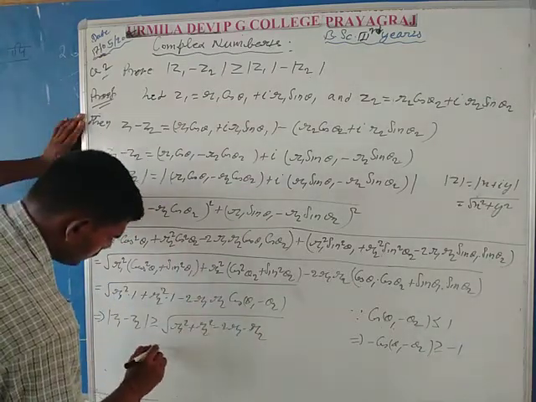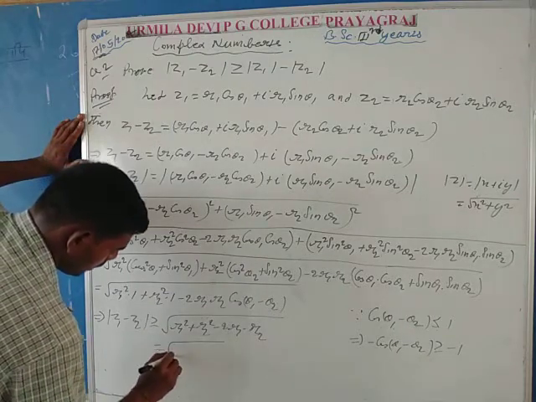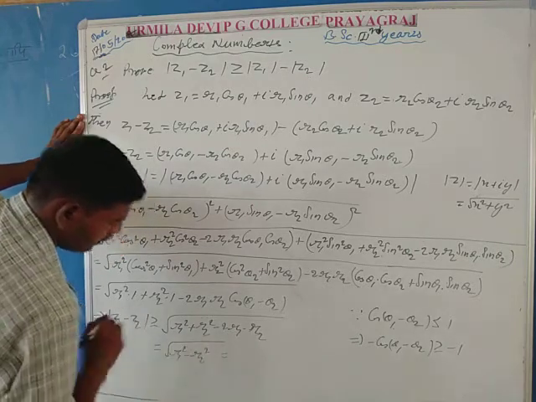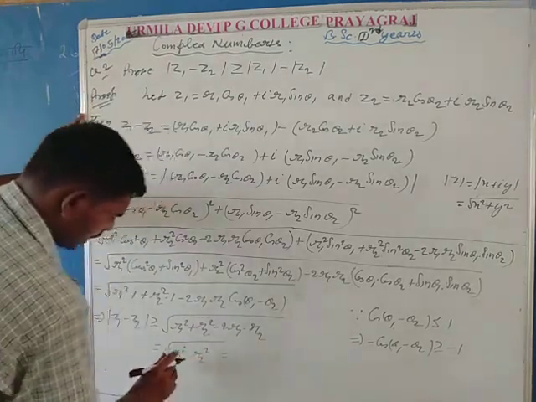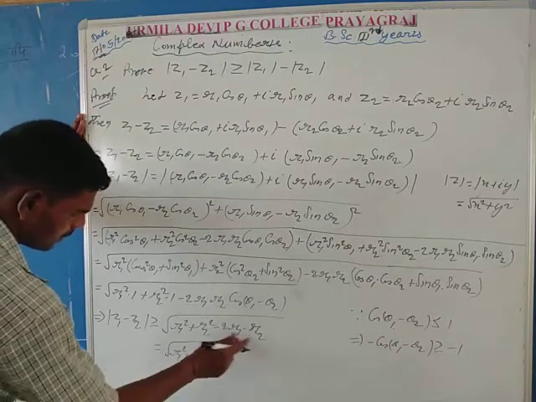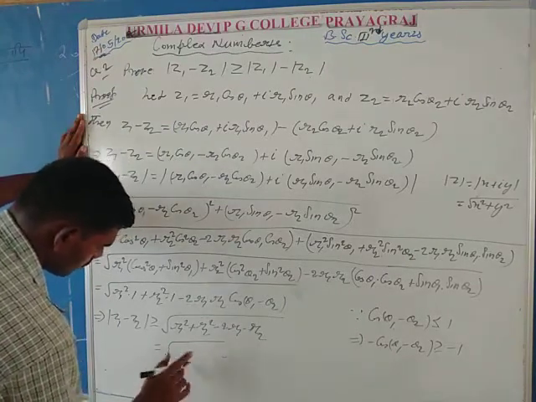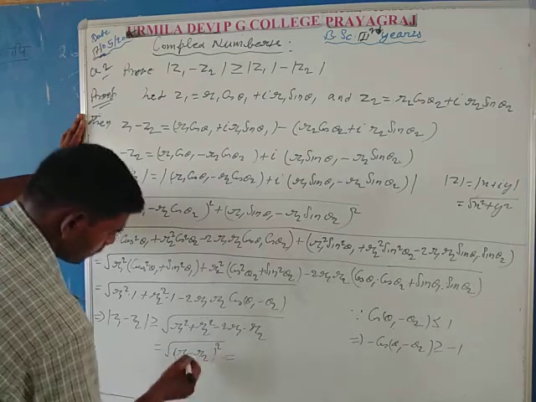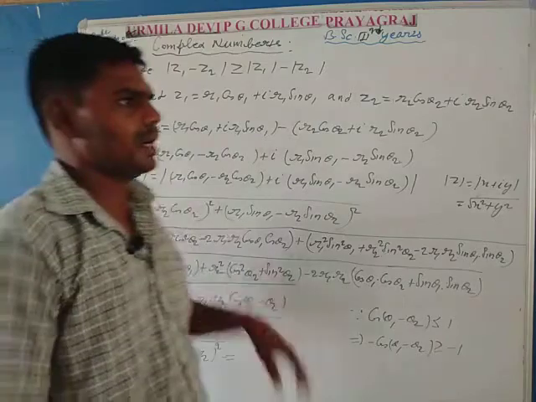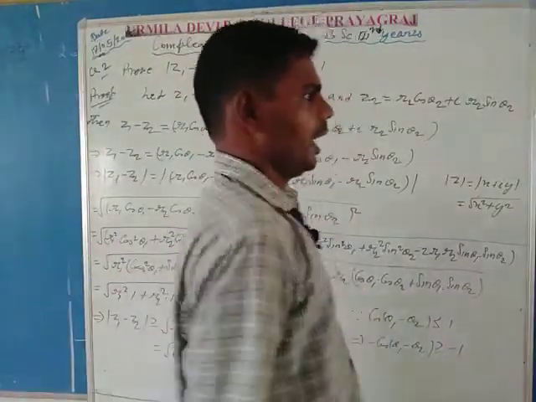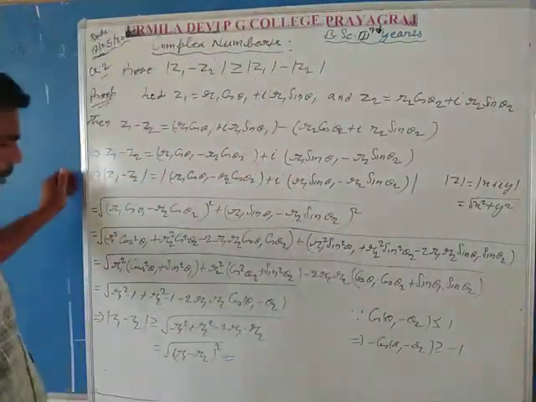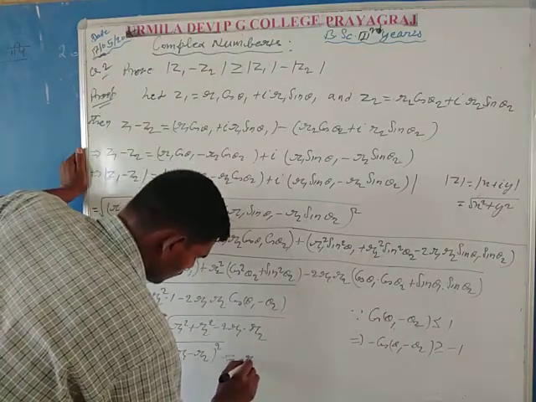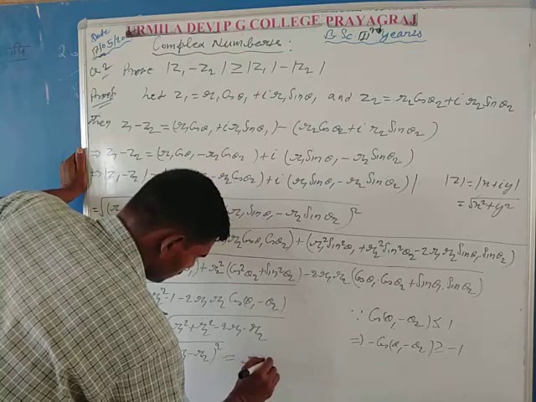This is equal to the square root of r1² + r2² − 2·r1·r2 by formula, which is equal to (r1 − r2) whole square. So the square root and the square neglect each other, and it is equal to r1 − r2.